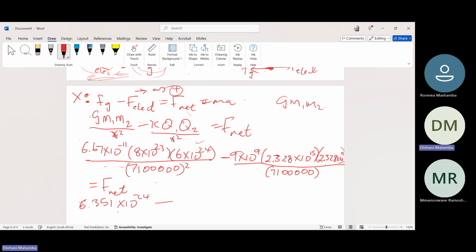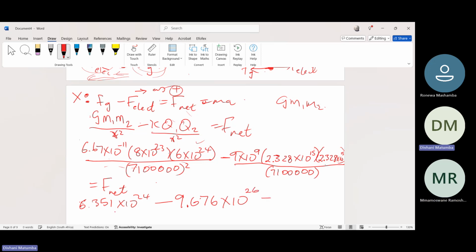Then minus the second one. For the second one, I got 9.676 times 10 to the power of 26.